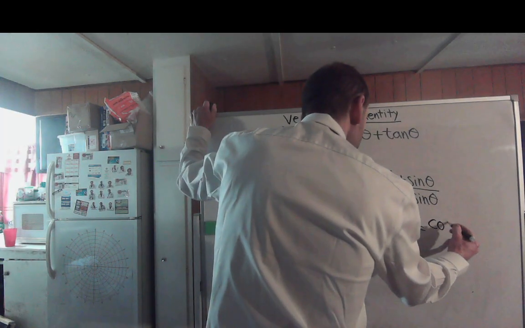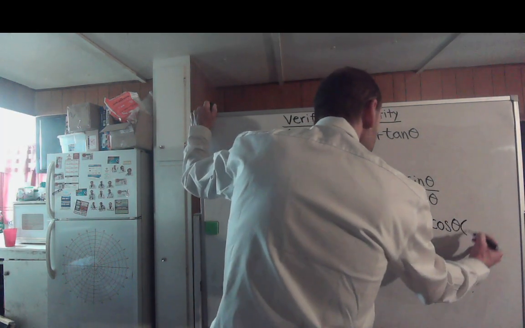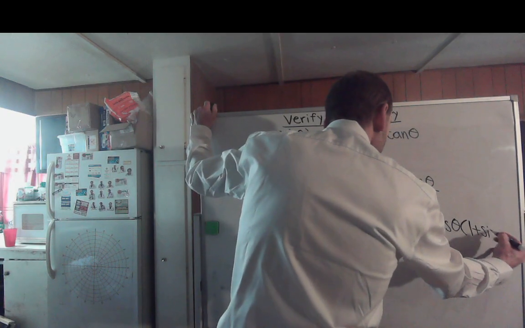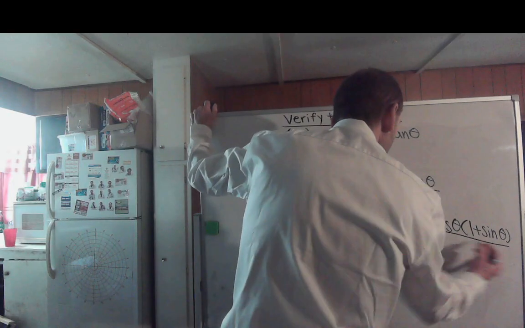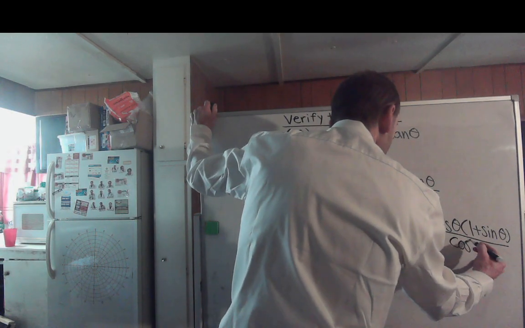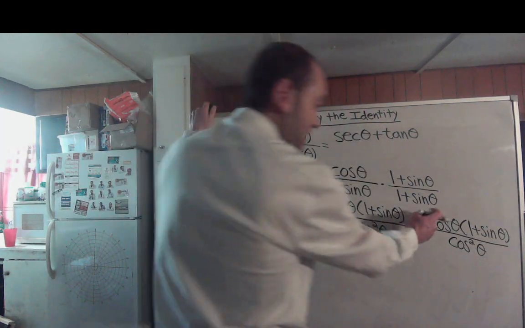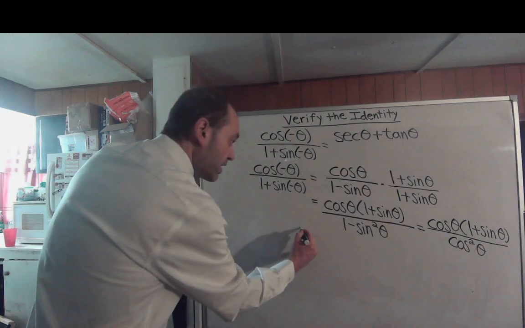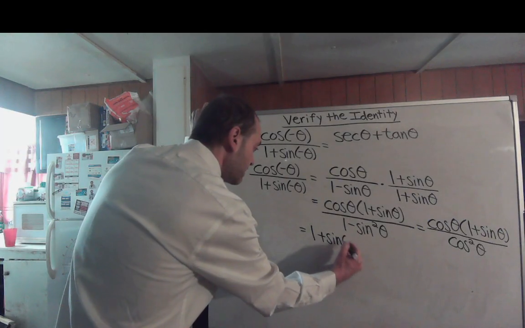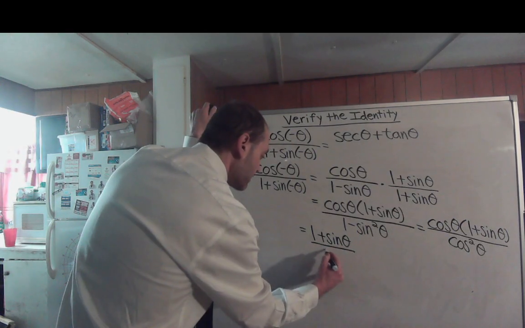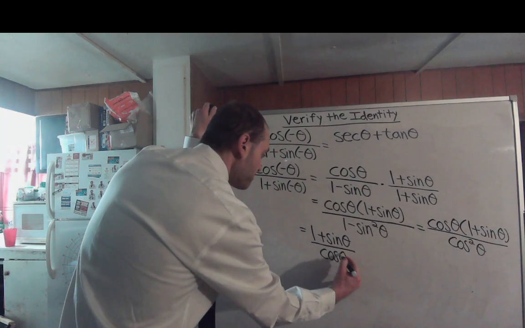So this would be cosine of theta times 1 plus the sine of theta all over the cosine squared of theta. Well, you have a cosine that'll cancel out between numerator and denominator, so now you have 1 plus the sine of theta all over the cosine of theta.